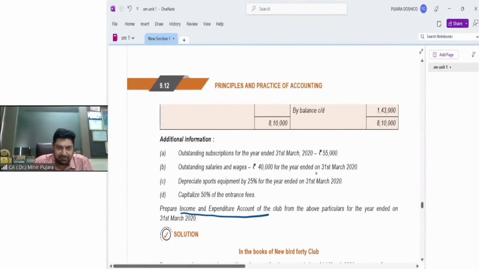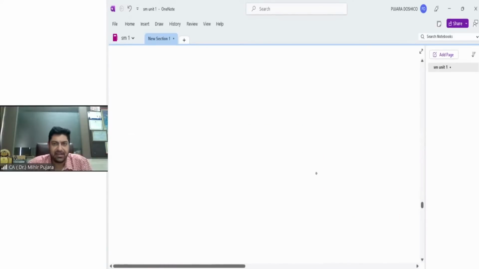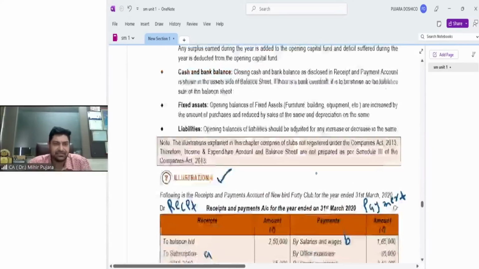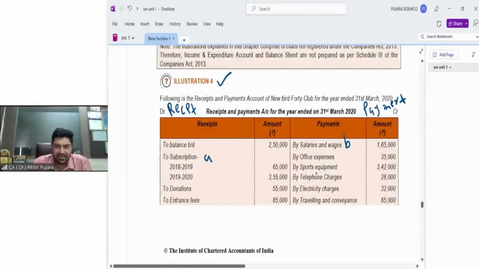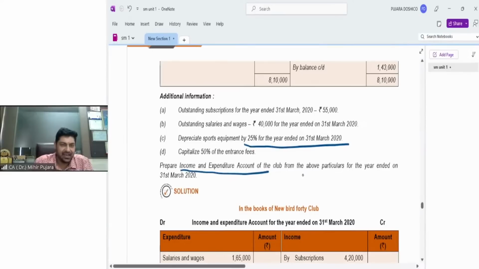Depreciate sports equipment by 25 percentage. So sports equipment, if I have purchased, yes, it is adjustment number C, right? And capitalize 50% of entrance fee.